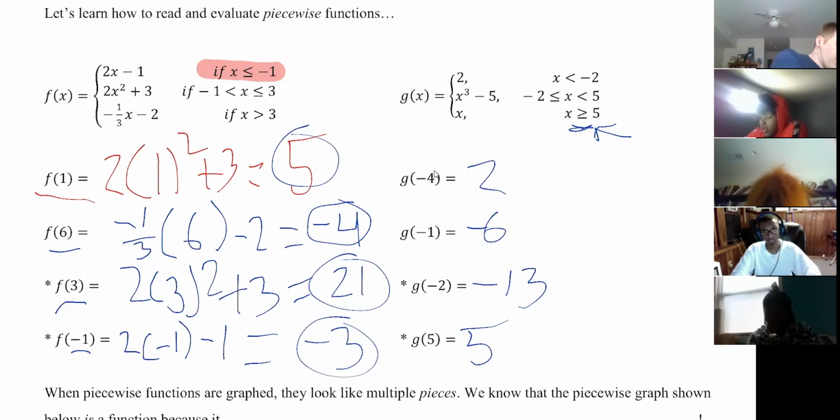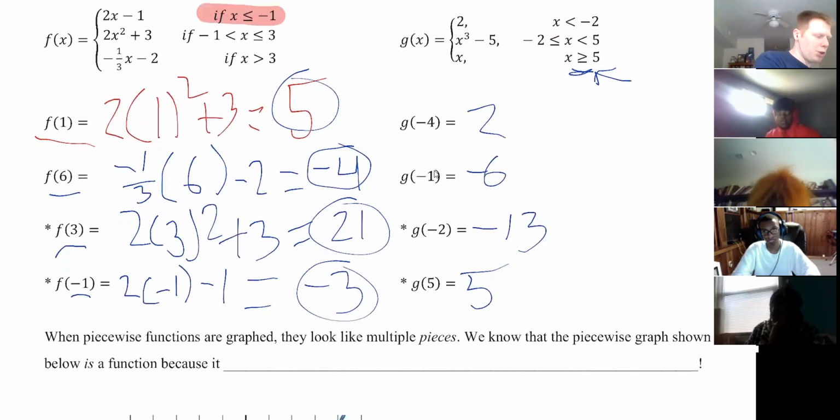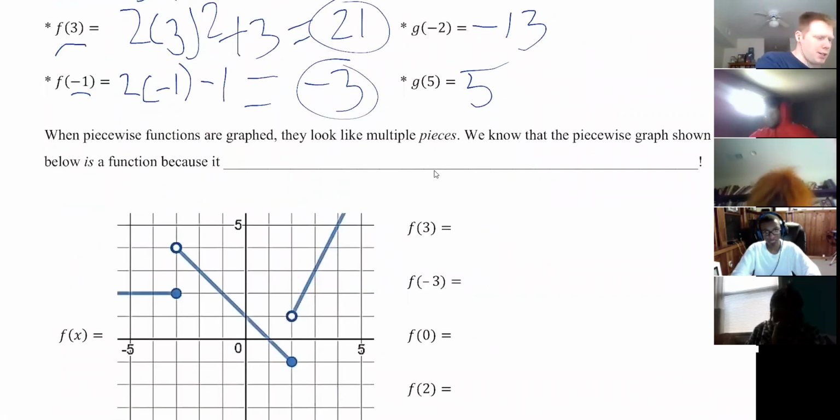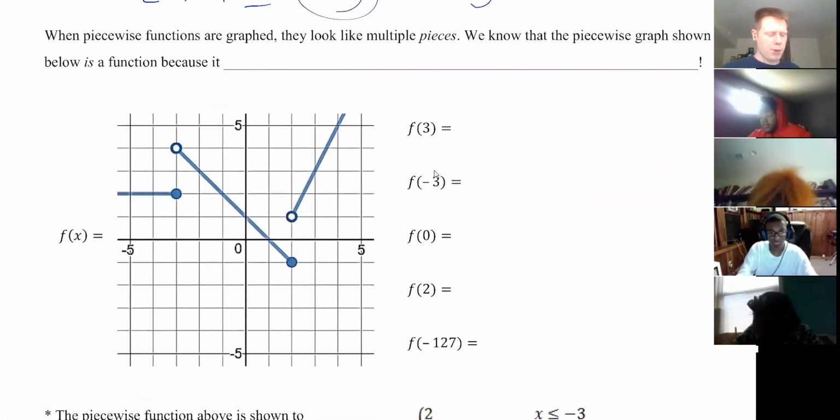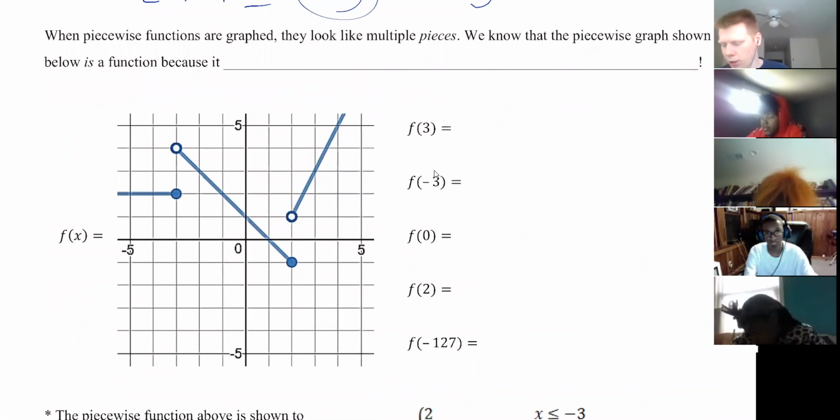The next thing we're going to start looking at is how to evaluate if they give you a graph. We've already seen this in our previous section because a lot of times we were looking at piecewise functions, even if we didn't call them this. One sidetrack here is that when piecewise functions are graphed, they look like multiple pieces, as you can see below.